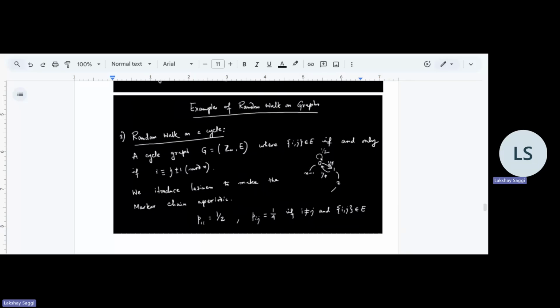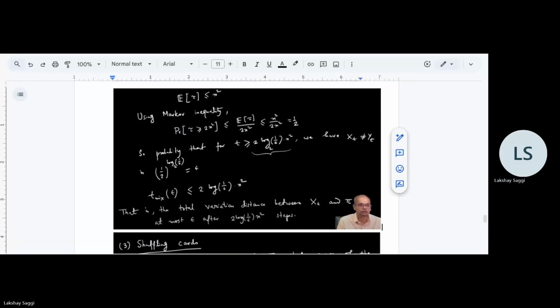After only 2 time steps, you can come back again to the state 0, and so on. Because of this, the Markov chain is periodic if we define it as we defined in the random walk. So to make it aperiodic, we can introduce laziness, as we already discussed in the previous section. We add self transitions with probability half, and then the outgoing transitions are with probability 1 over 4.